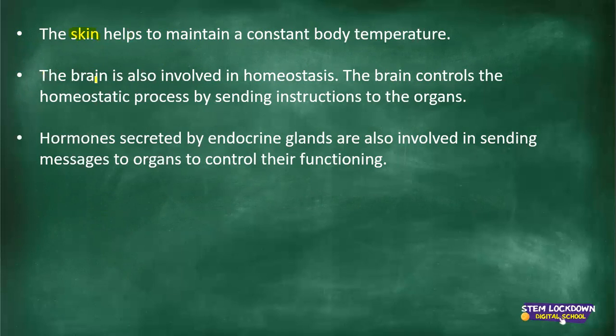We also have the brain, which is also involved in homeostasis. The brain controls the homeostatic process by sending instructions to the organs. And you'll remember again that a lot of the hormones are secreted firstly from the brain, or the glands in the brain.